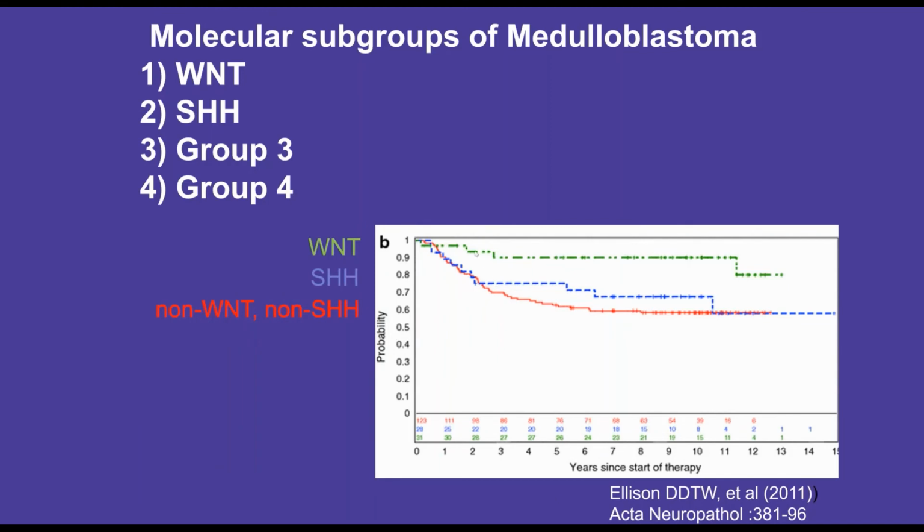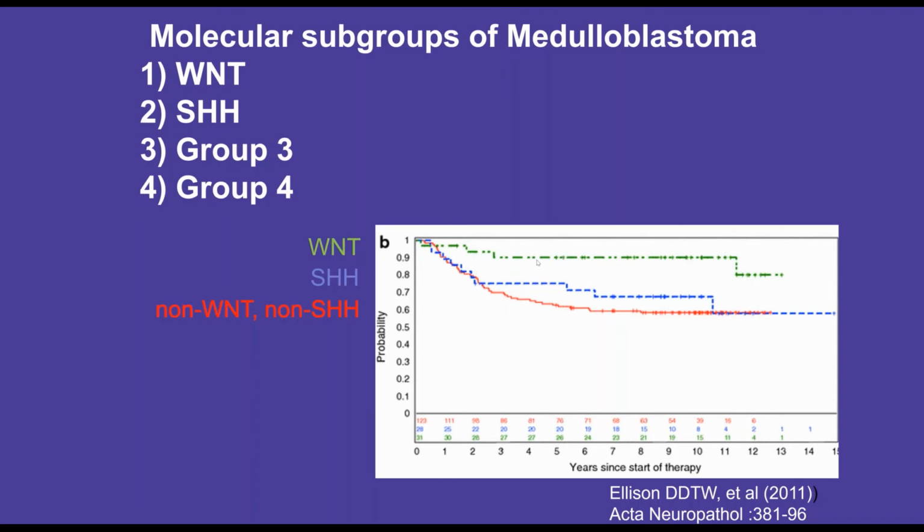This again has a lot of utility in that, for example, the Wnt pathway medulloblastomas have a very good prognosis, so much so that the therapies, especially the radiation doses, are beginning to be reduced for these Wnt pathways.